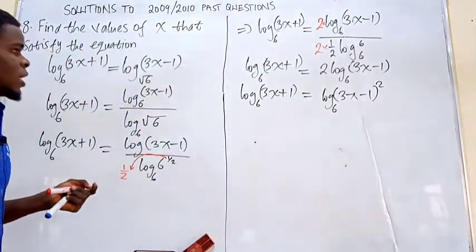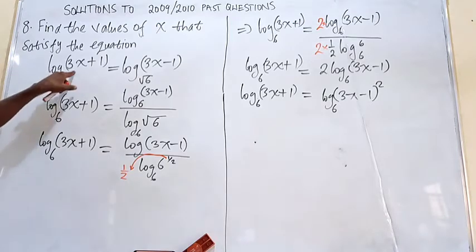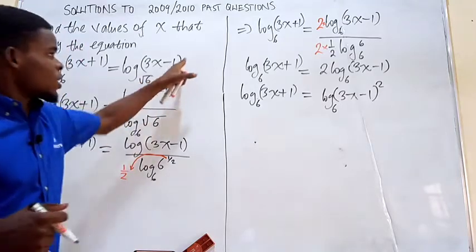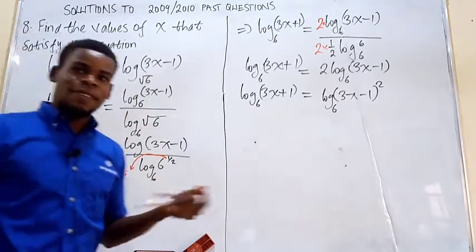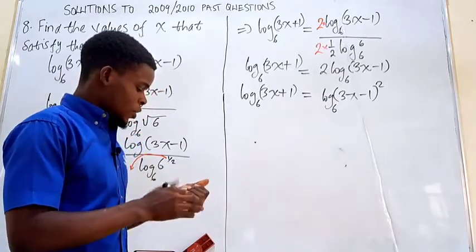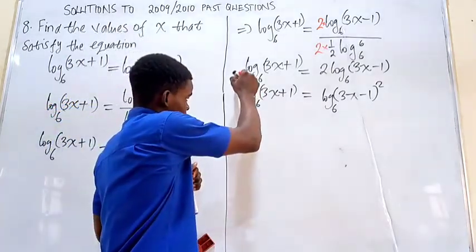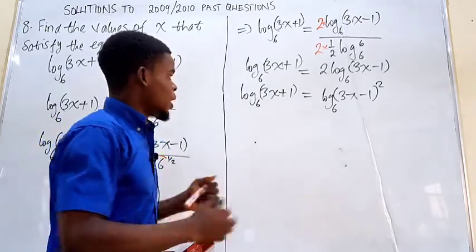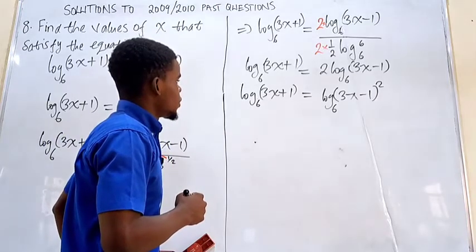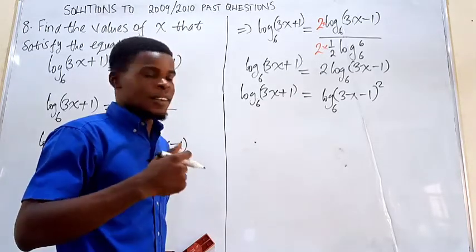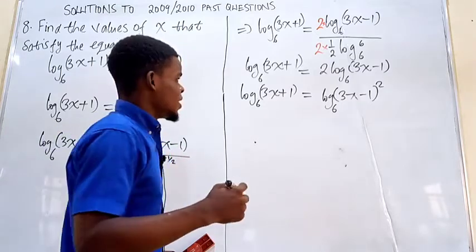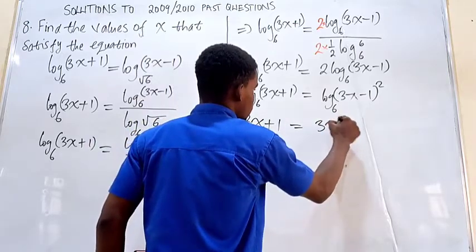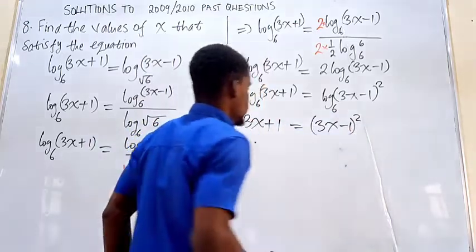So this simply means that when we have the logarithm of 3x plus 1 to base 6 equals the logarithm of this to root 6, it is the same thing as squaring this and taking the square root from there. Again, if I take the anti-logarithm to base 6 of both sides, or make 6 the base of both sides, I'm going to have 3x plus 1 equal to 3x minus 1 raised to the power 2.